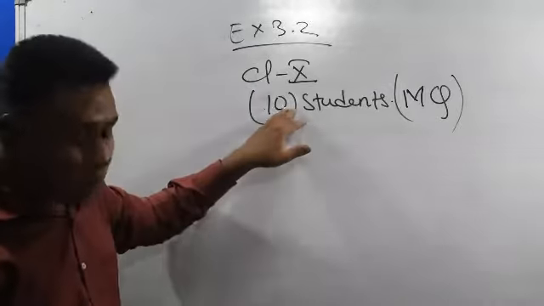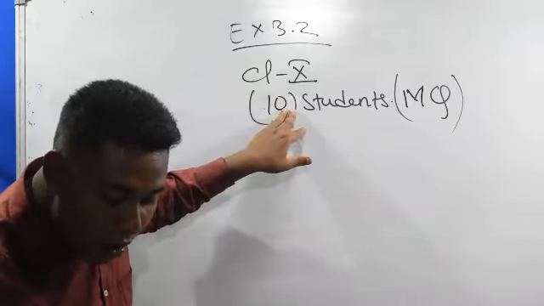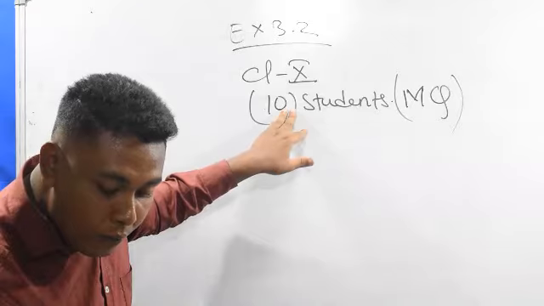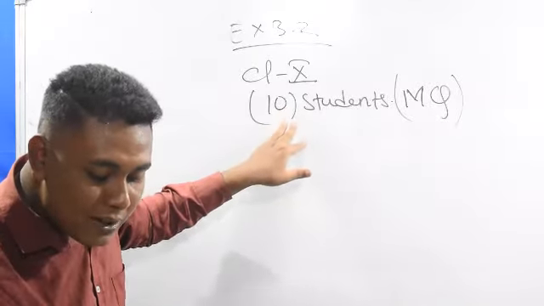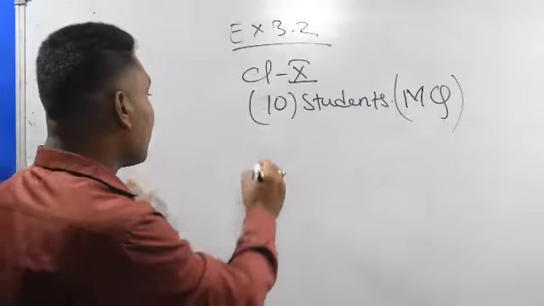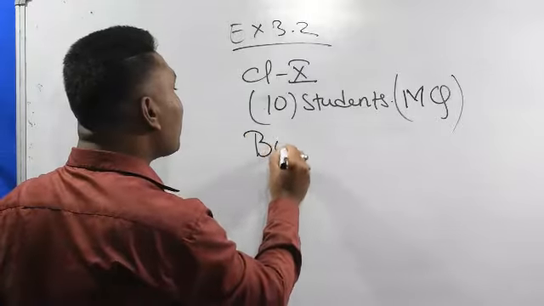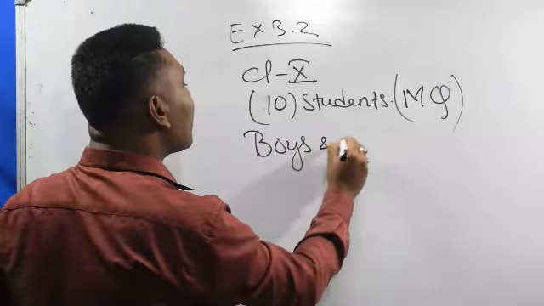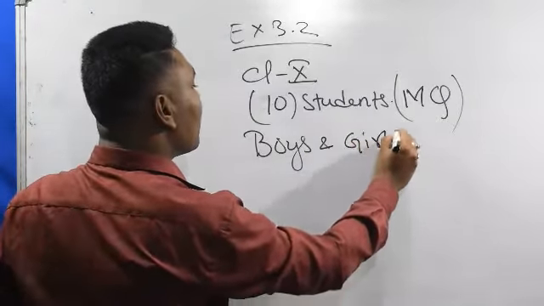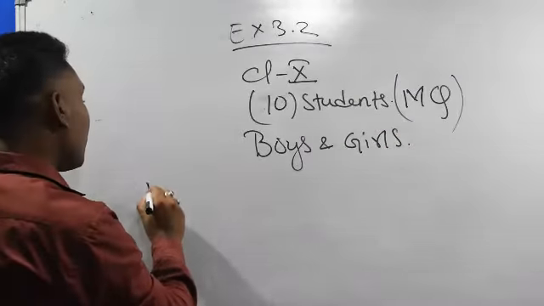Okay, so 10 students, out of which, if the number of girls is 4 more than the number of boys, out of which there were some boys and girls. Okay, so the solution is as follows.